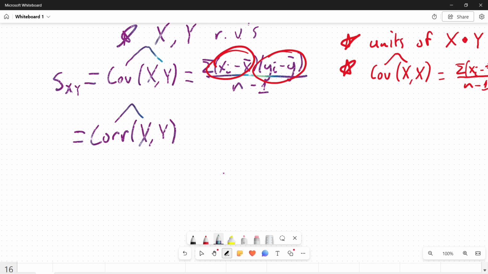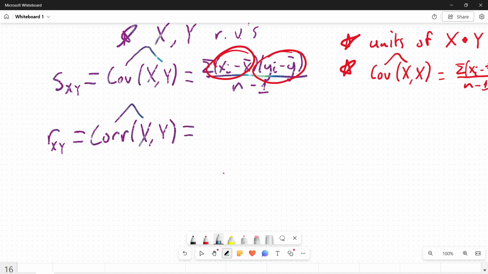We usually call this guy rho. Sometimes we call it R. So I'll stick with the convention and say R, X, Y, instead of rho. Rho being a Greek letter, I'll save that for the population correlation, which perhaps wouldn't have a hat on it, but all of that is the notation.